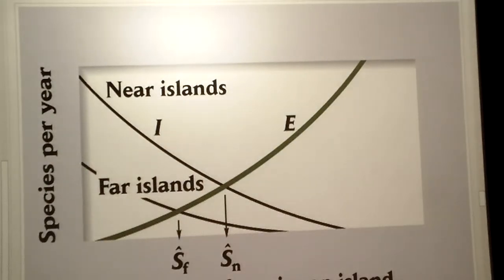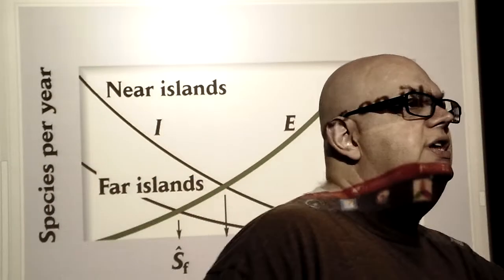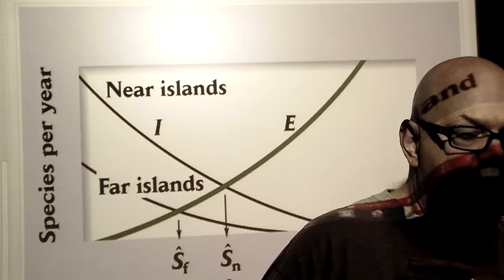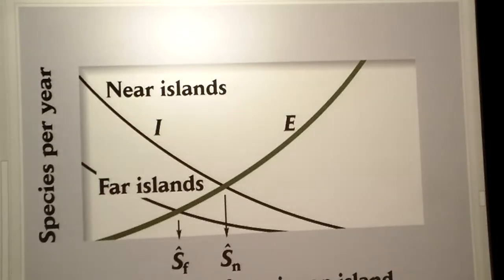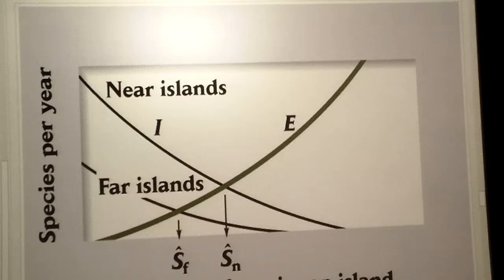If a large island is far away from the mainland, it's going to have fewer species than the large island that is closer to the mainland. This is also true for smaller islands. The smaller island that is far out from the mainland is going to have fewer species and less species diversity compared to the small island that is close to the mainland.